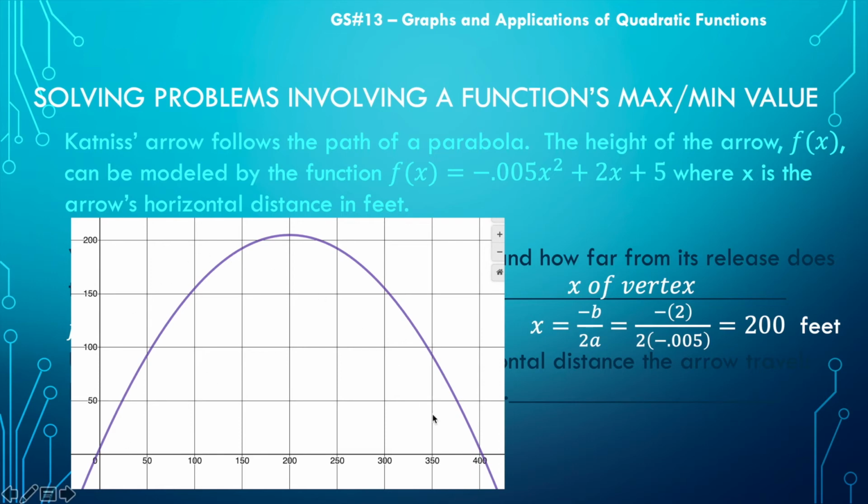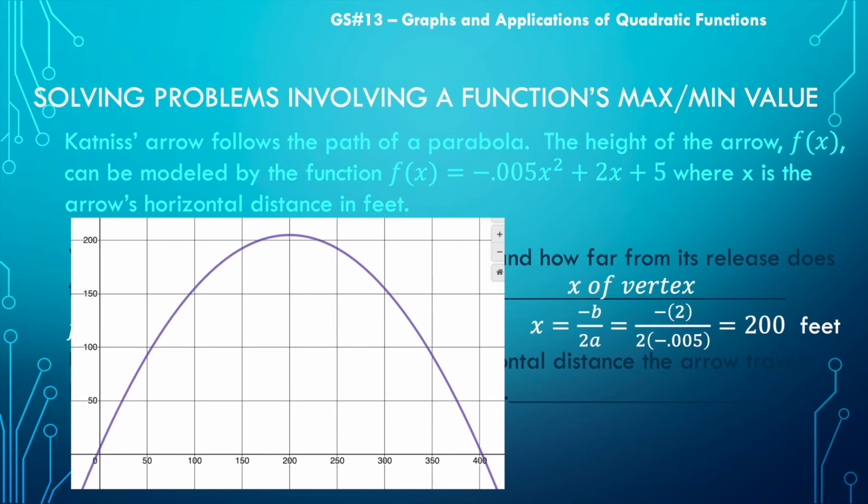We've got a reflection. Notice it does not start quite at the origin because Katniss has some height to her. She's not shooting this arrow from lying on the ground; she's shooting it from about 5 feet up. Now, she's taller than that, but from where she's shooting, it's going to launch from about 5 feet from the ground.